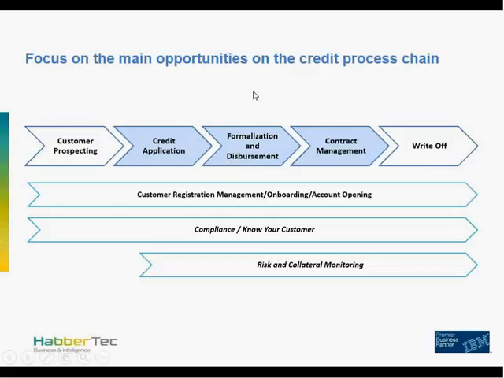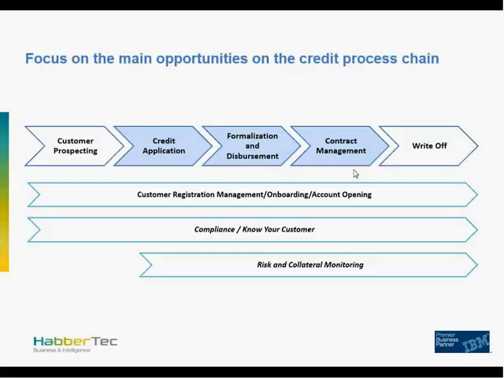And as we have these credit contracts going on, we need to manage them, for example, regarding collaterals or negotiating payments, or any type of action we need to perform in terms of managing this contract until it writes off.